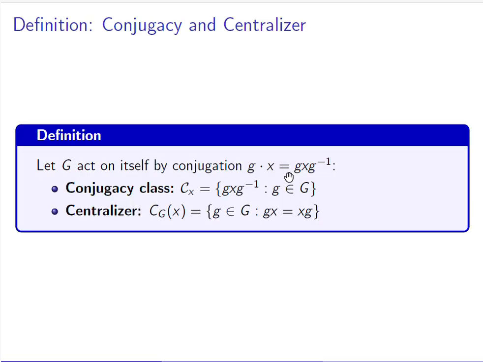Since we are acting by conjugation, if x commutes with everything in the group, then in particular it commutes with g, and you can move g to this side and they cancel. So the conjugacy class of x in that case would just be x itself.